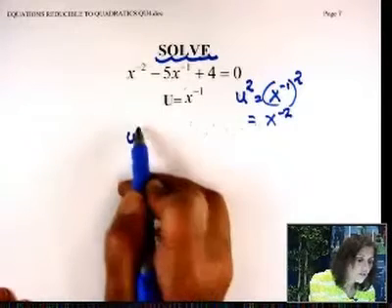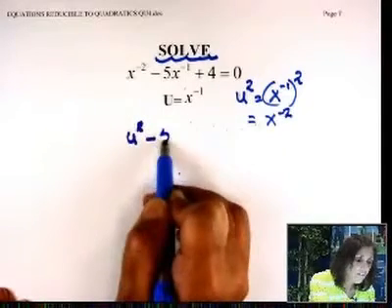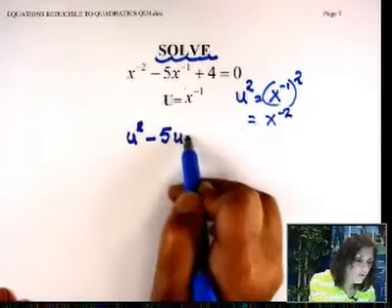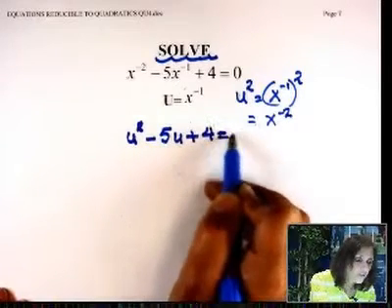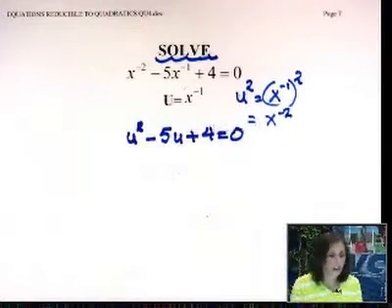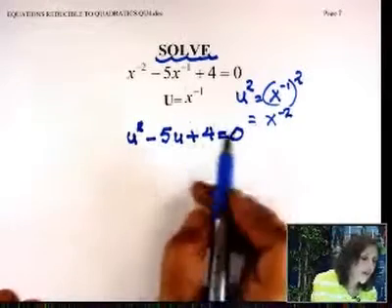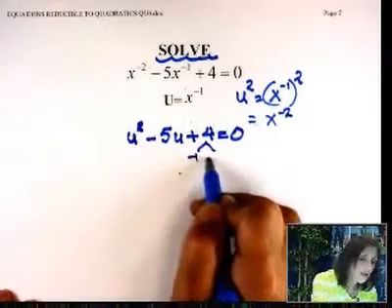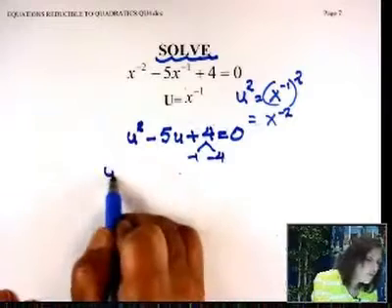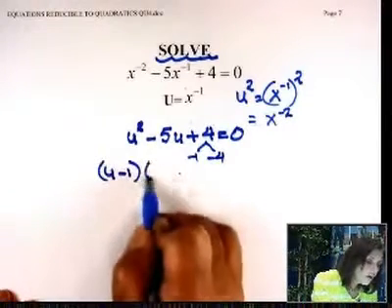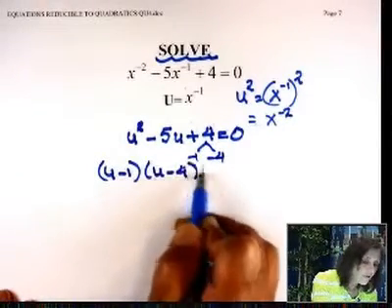U squared minus 5u plus 4 equals 0. Okay, then I go and factor. Negative 1, negative 4: u minus 1, u minus 4 equals 0.